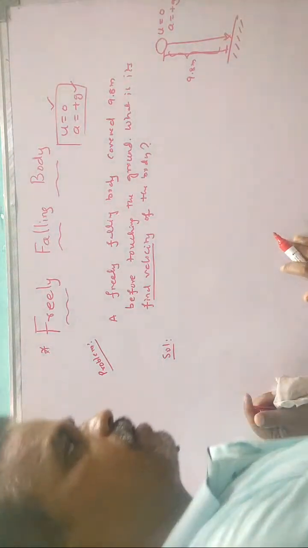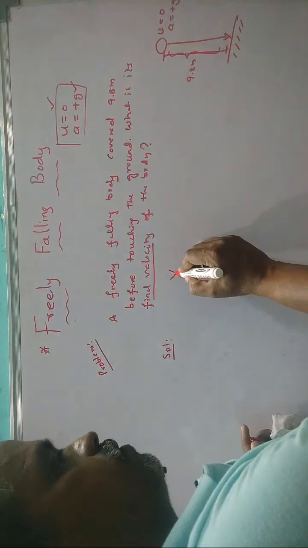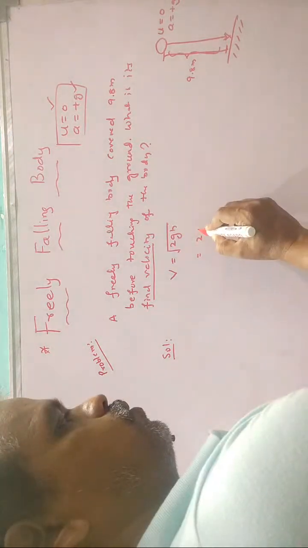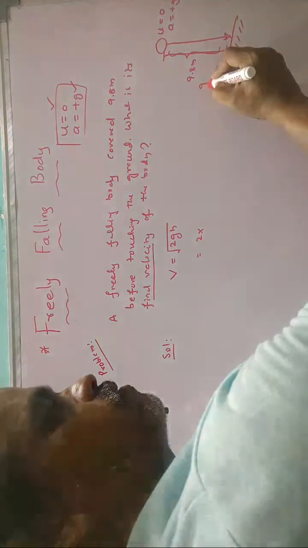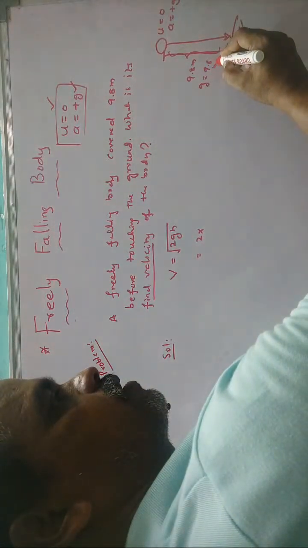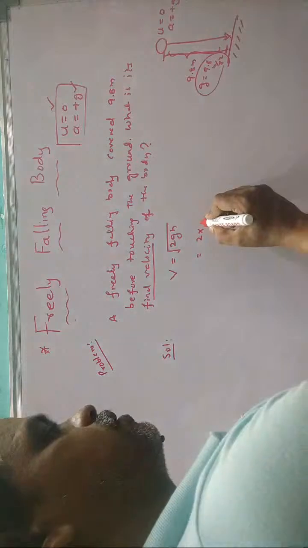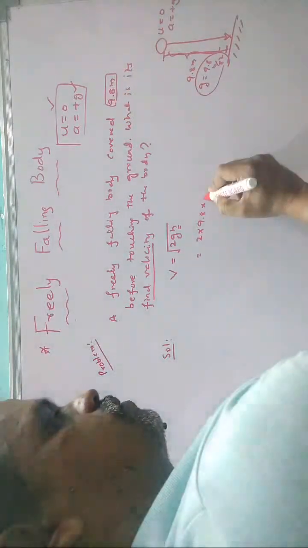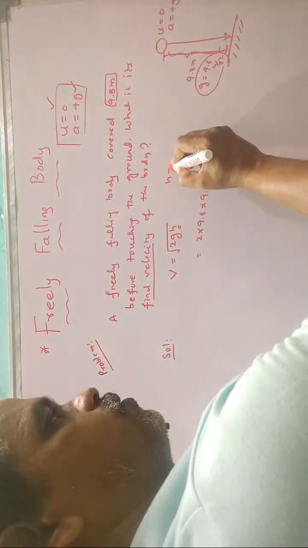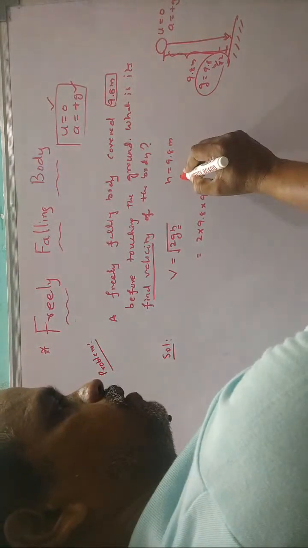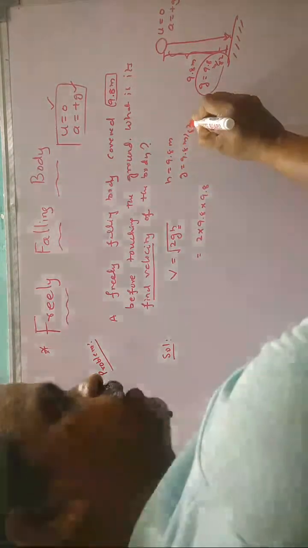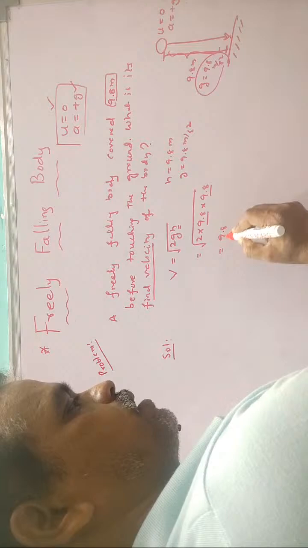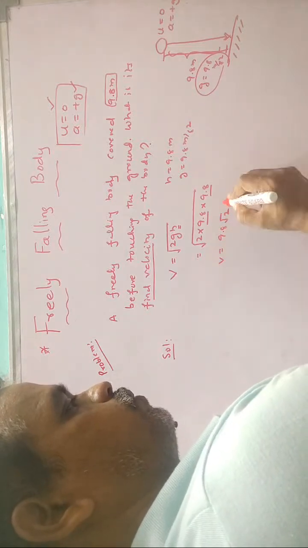Already I gave the formula: v equal to root of 2gh, root of 2 into g value, which is 9.8 meter per second square. I already told you, motion under gravity is 9.8. h is nothing but the displacement, here it is 9.8 meter. I substituted here, and we have root of 2 into 9.8 into 9.8, so it comes to 19.6 meter per second.